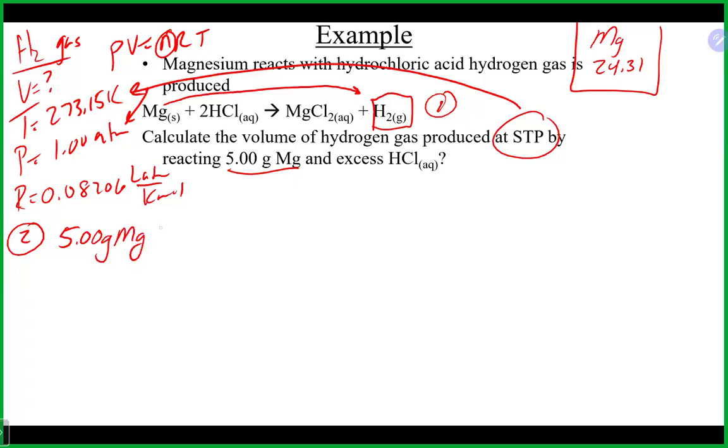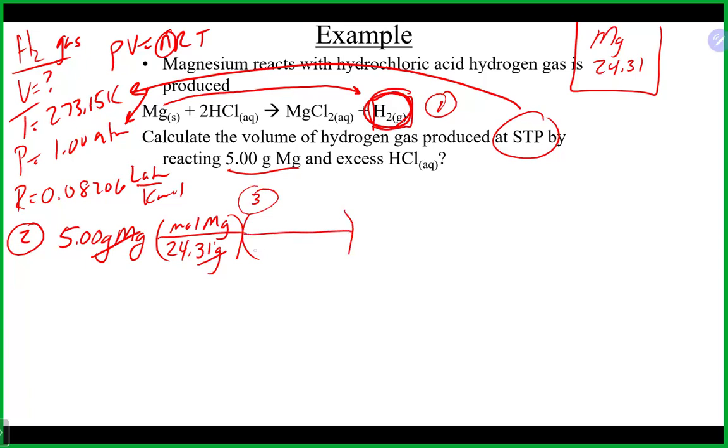So 5 grams of magnesium, molar mass of magnesium, 24.31 grams per mole. Once again, much like in the other examples, if we stopped right here, we would be in moles of magnesium, but we are ultimately interested in hydrogen in this case. So we're going to do the third step, which is our mole-to-mole relationship.